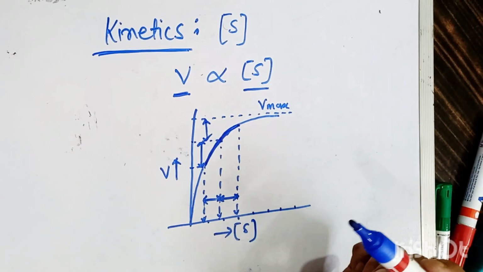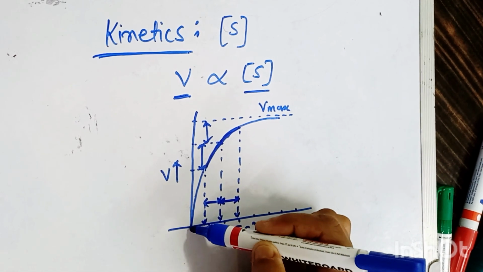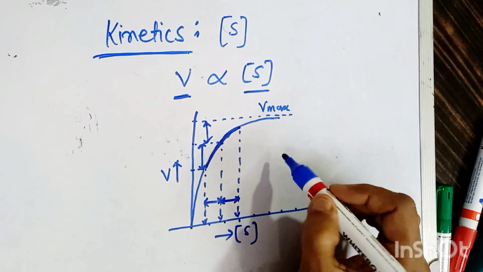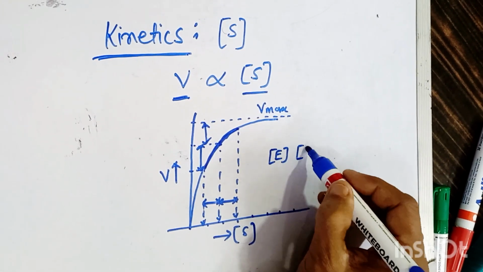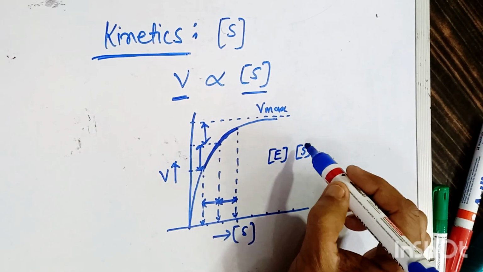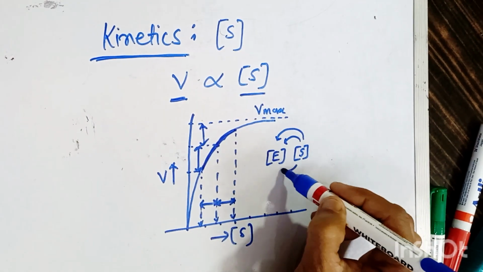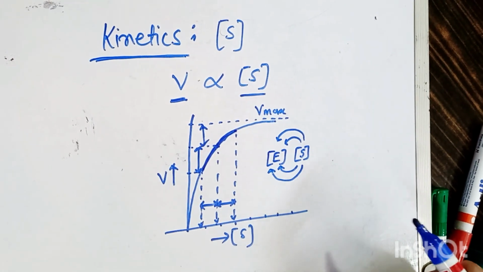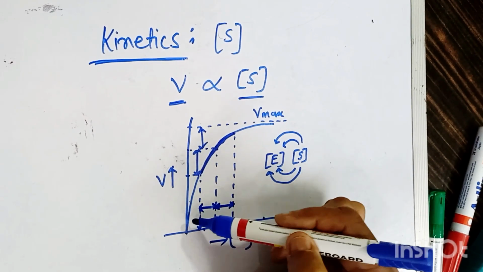What is the explanation? With more substrate concentration, this is the initial substrate concentration. The substrate is very large compared to the enzyme molecules, so enzymes get progressively saturated. The substrate binds to the enzyme, and the enzymes get progressively saturated with the substrate, and so the velocity change is lowered.